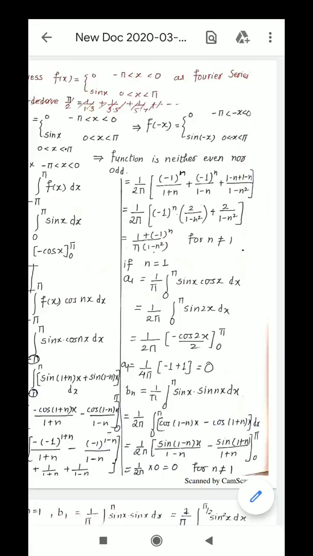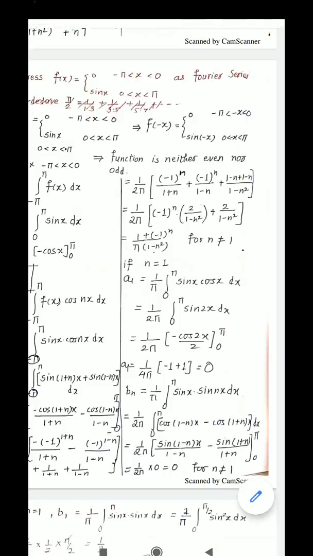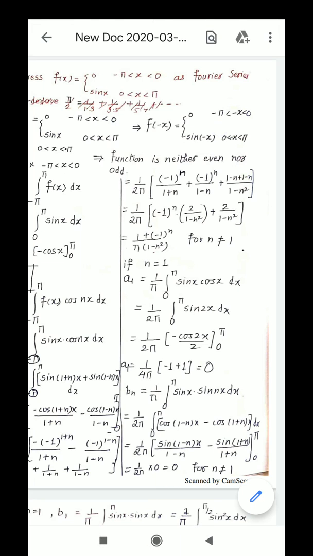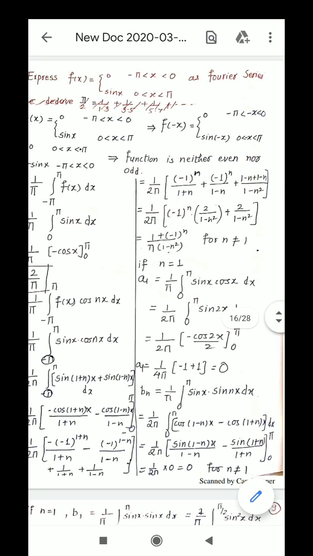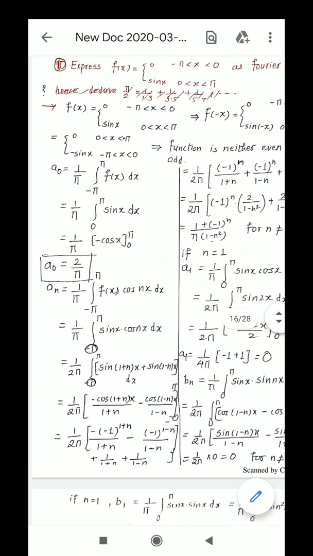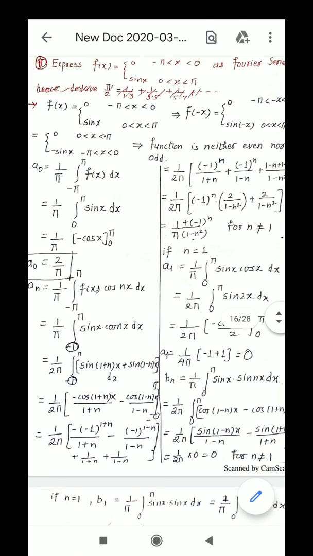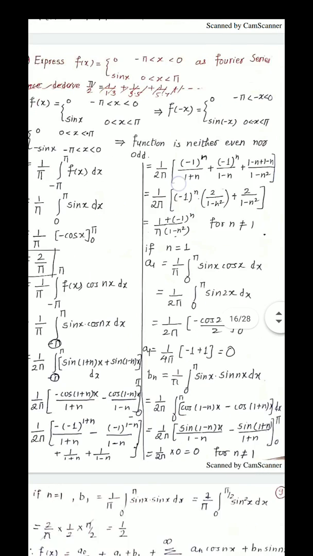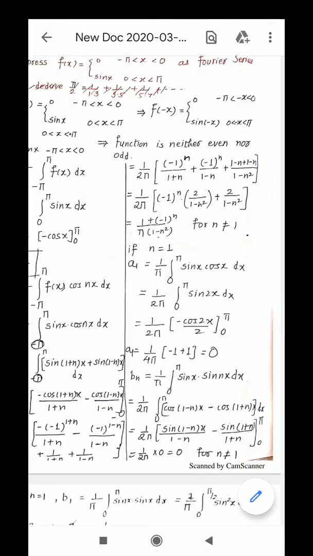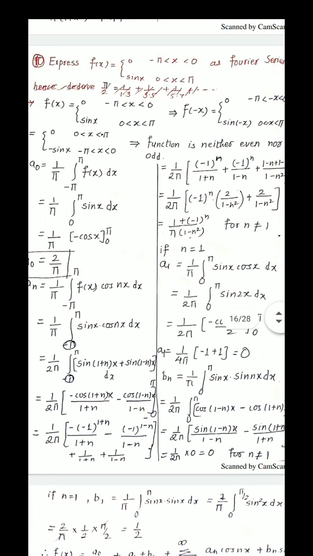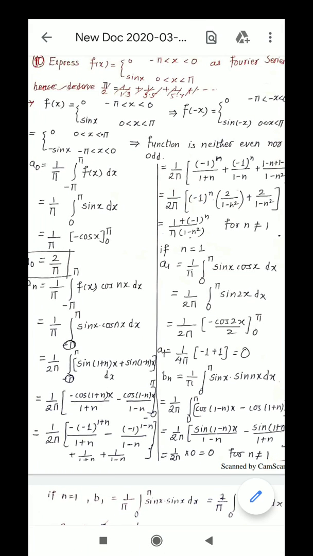Now in the next step, we have to change this minus x: if you multiply throughout by minus 1, then less than becomes greater than, so minus pi becomes pi, and pi is greater than x is greater than 0, and sin of minus x is minus sin x. Similarly, multiplying by minus 1, 0 is greater than x is greater than minus pi, that is minus pi less than x less than 0.